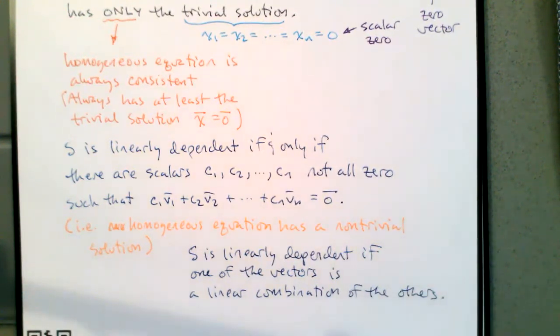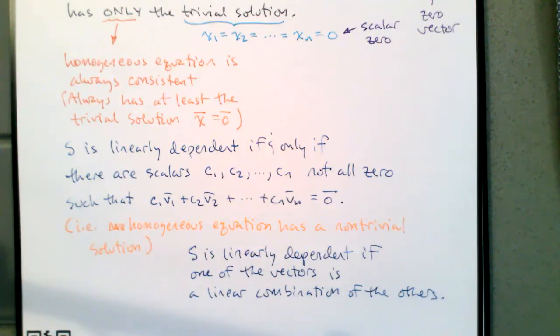A set of vectors is linearly dependent if one of the vectors is a linear combination of the others. We'll look at an example in a sec, but I want these words to sink in.